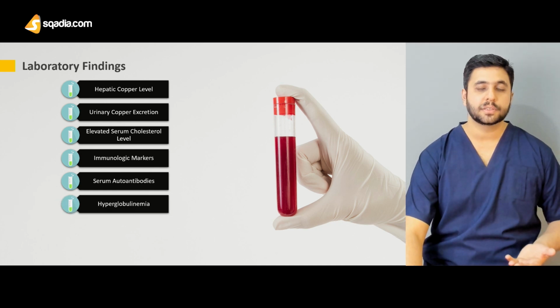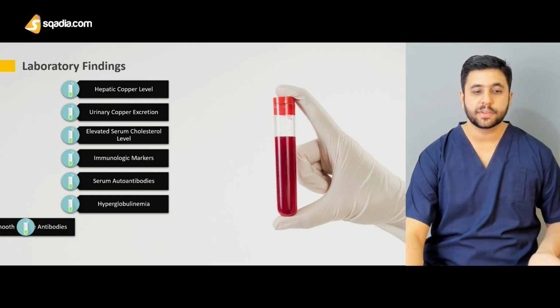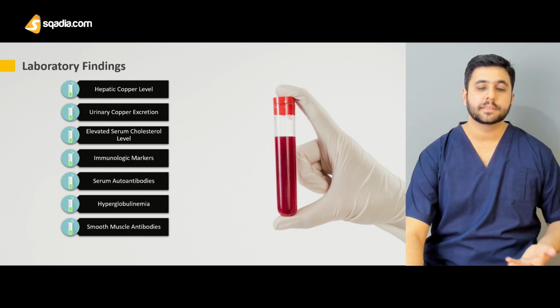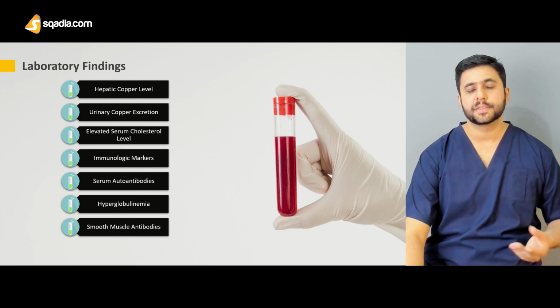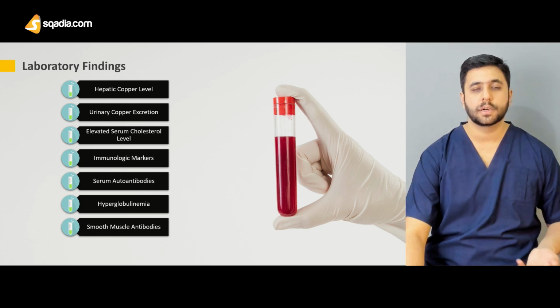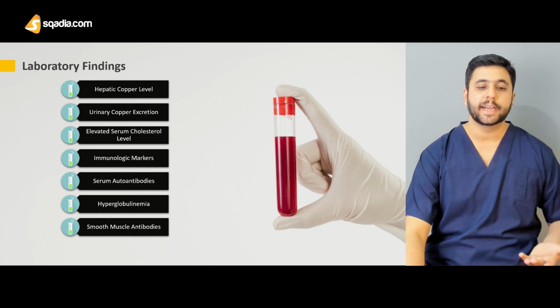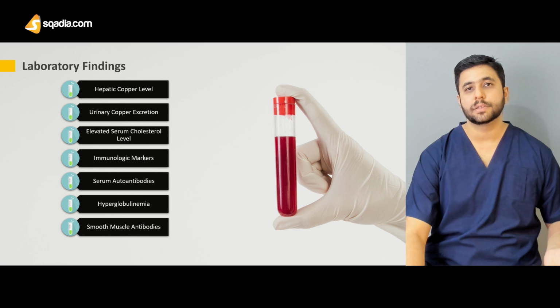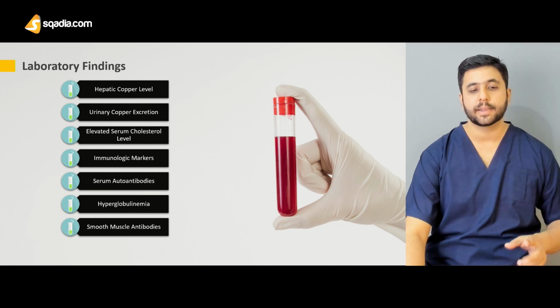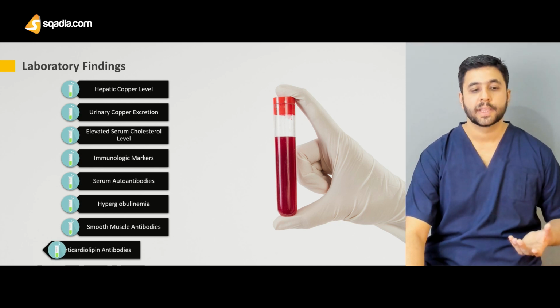Along with that, in patients with primary sclerosing cholangitis, we have elevations of IgM levels. ANA is very non-specific. It can be elevated in a long list of disorders, but anti-smooth muscle antibodies are generally elevated in primary biliary cirrhosis or primary biliary cholangitis. So that can be used to distinguish the two.